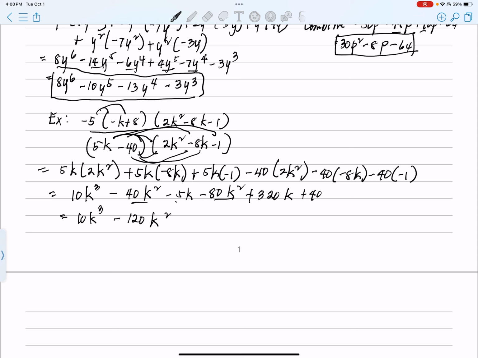Then negative 5 plus positive 320, that is positive 315k. And then plus 40. Okay, this is now arranged in descending order. And this is our final answer.